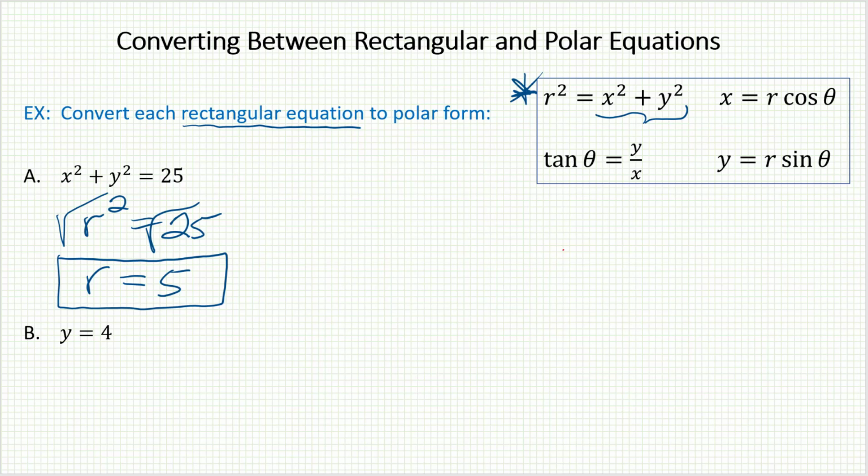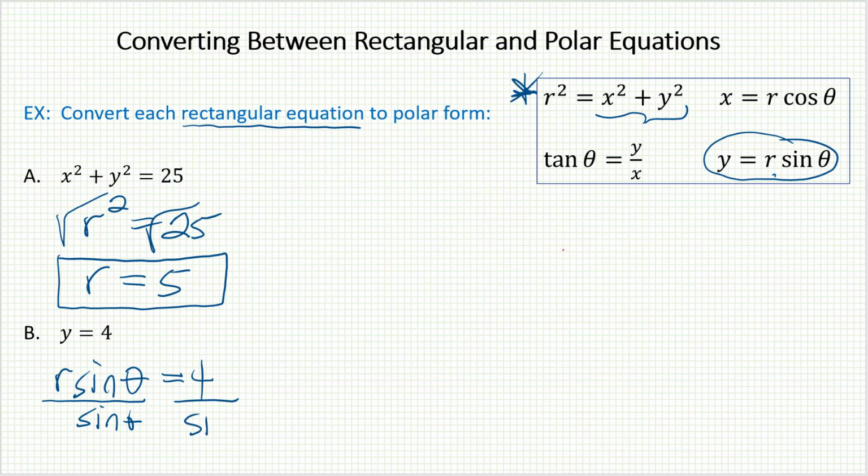Well, what if I wanted to switch this over into polar form? It looks like this equation here would be useful to me because I can simply replace y with r sine theta, and again, just like that, no more x's and y's, only r's and thetas. Where possible, we prefer to solve the equations for r.